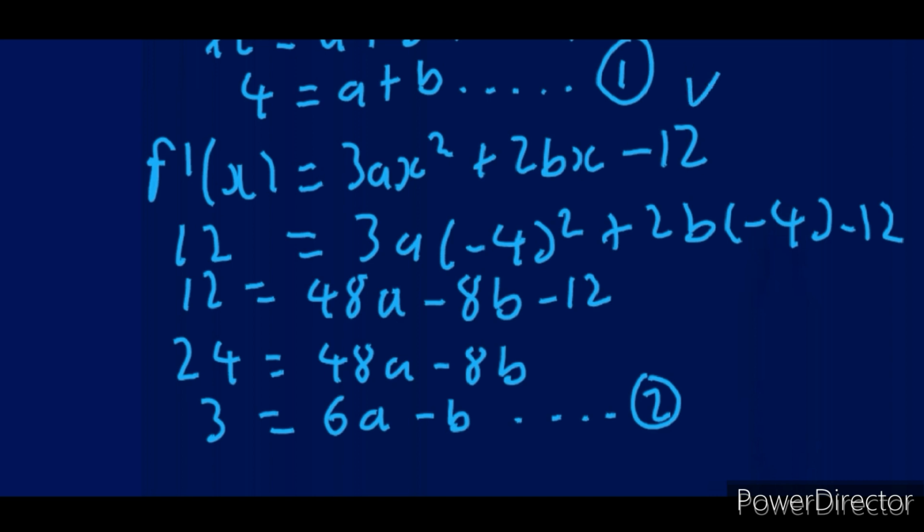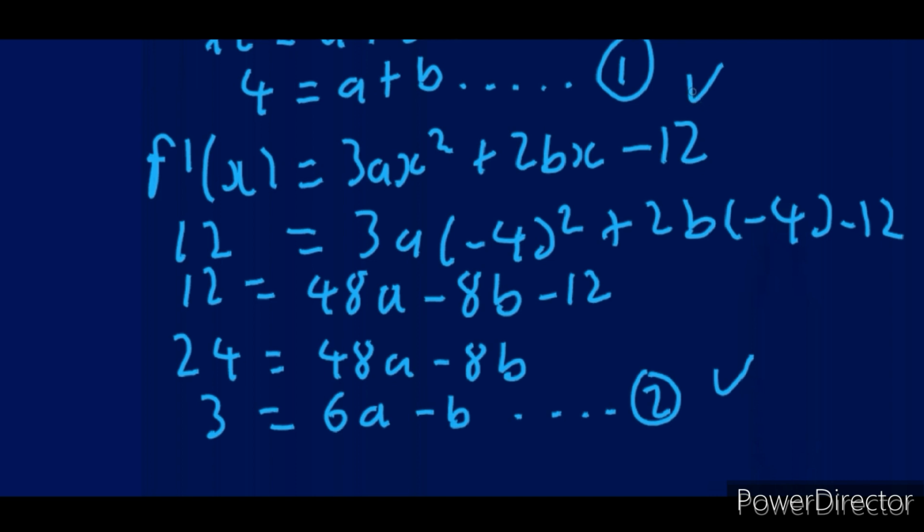So using these two equations, I can use either the elimination or the substitution or the equating method. In this case, I'm going to use the substitution method. So I'm going to manipulate my first equation by taking a to the other side of the equation. So therefore, I'm going to end up having 4 minus a equals b. This is going to be my equation 3.